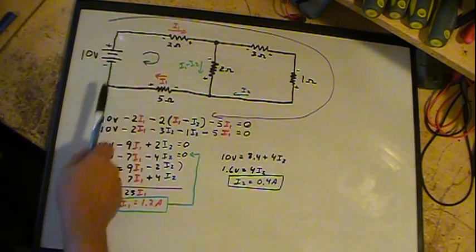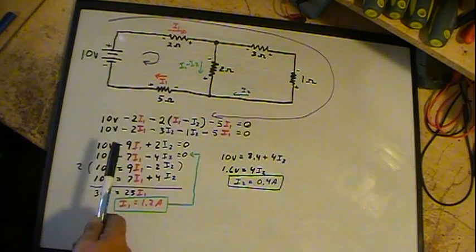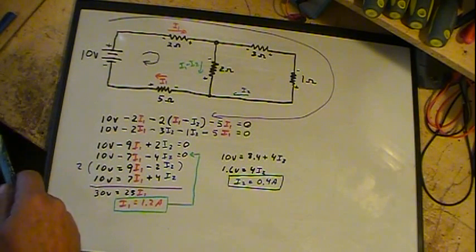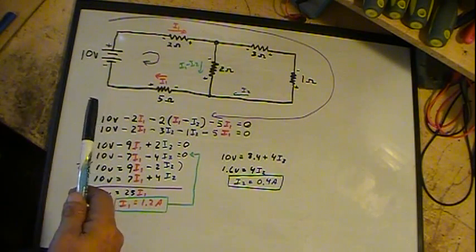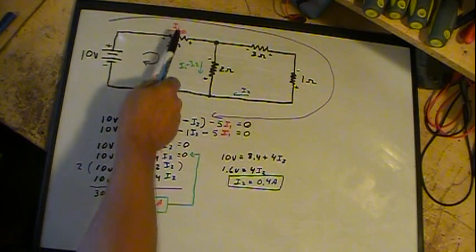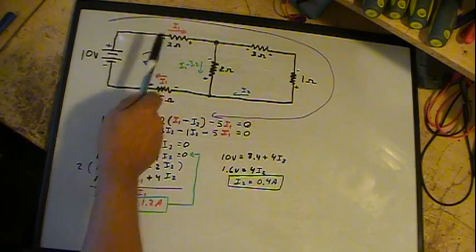So it's I1. I just labeled it I1. You can label it anything you want, but it's a current. And according to Ohm's law, resistance times current gives us voltage. So it's minus 2I1. 2 times I1 will give us that voltage drop.